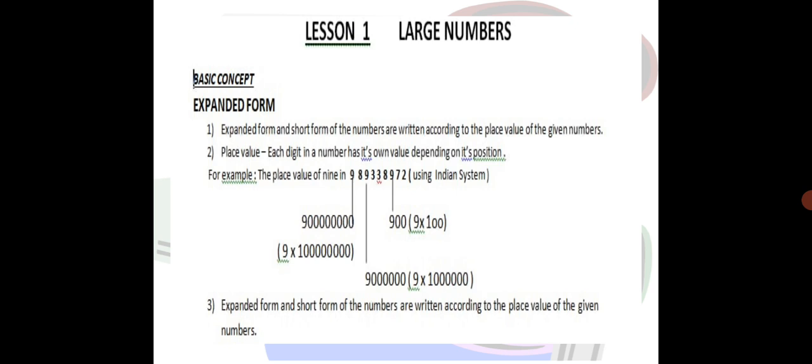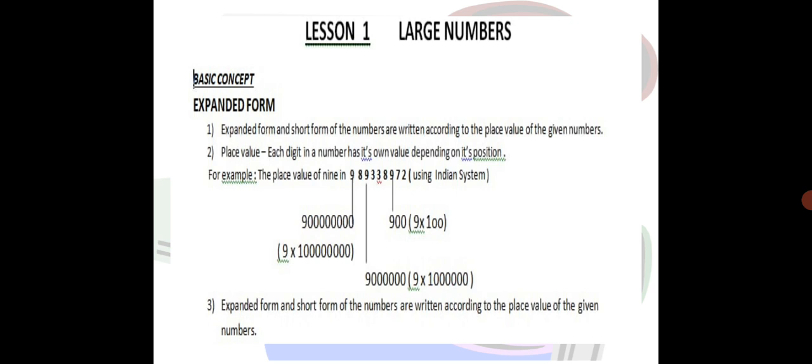Place value: each digit in a number has its own value, depending on its position.